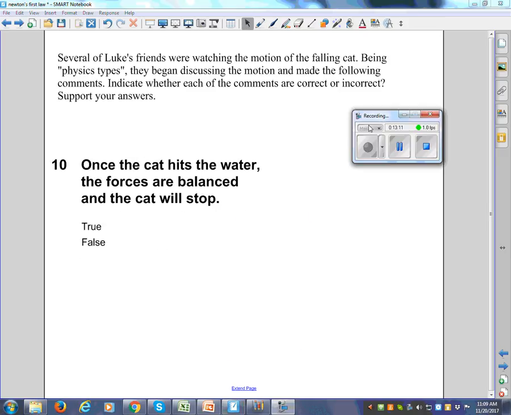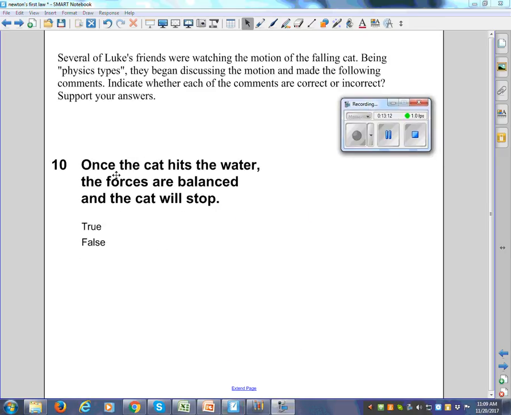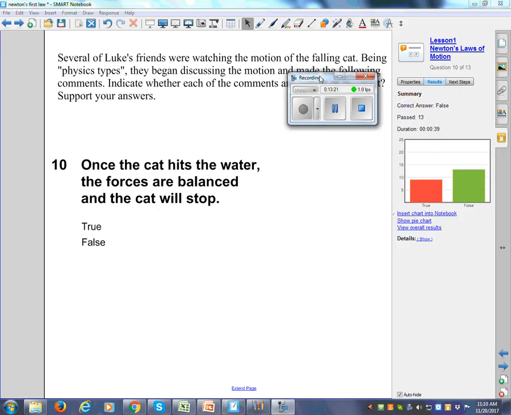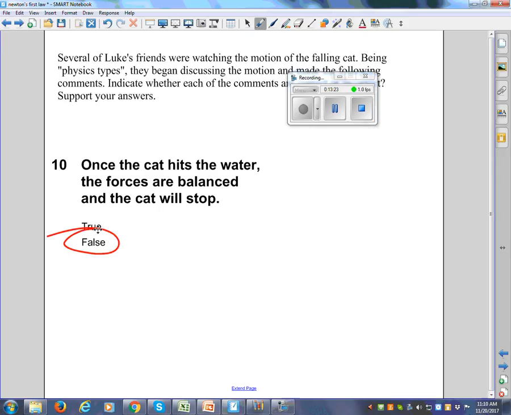Way to explain it. Once the cat hits the water, the forces are balanced, the cat will stop. That is, of course, we now know, false. Which part of that statement is false? The cat will stop part. Are the forces balanced? That is true.